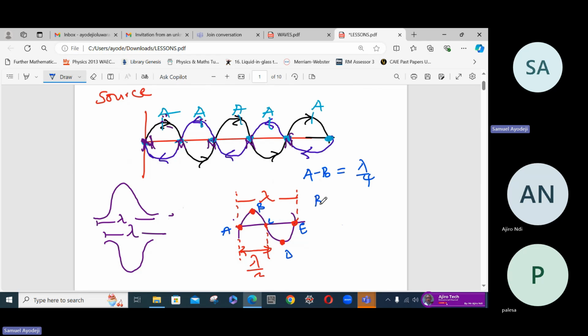B to C is lambda over 4. Then C to D is lambda over 4. Then D to E is lambda over 4. So add these four together. Do the mathematics. Let me see what it gives you.